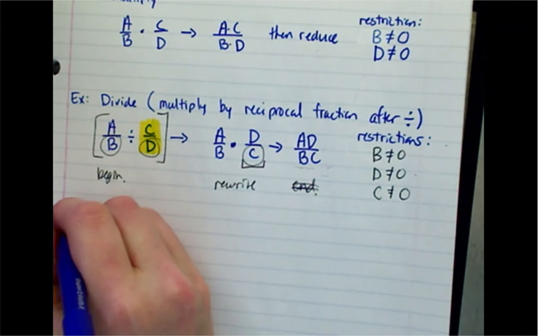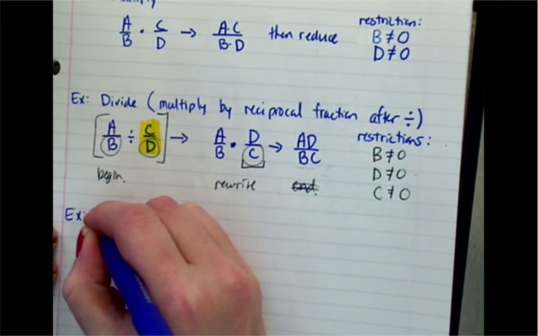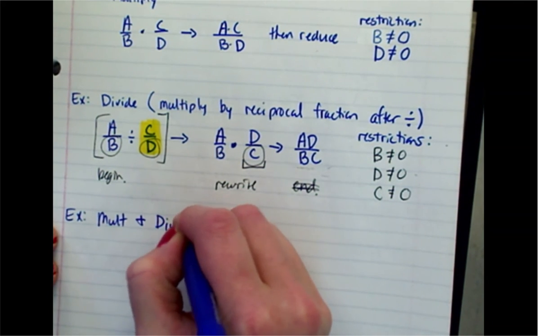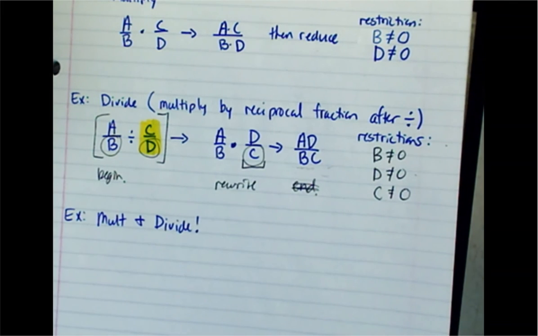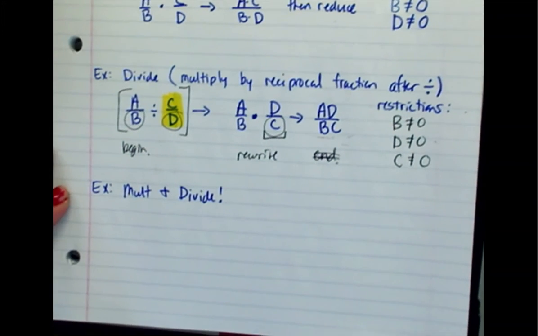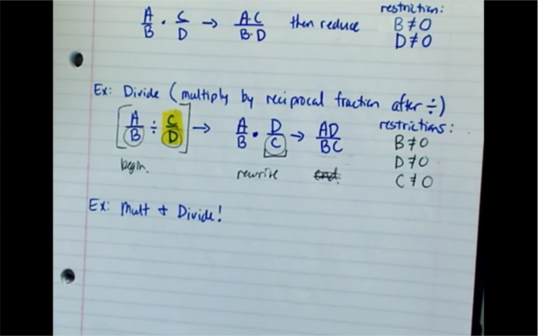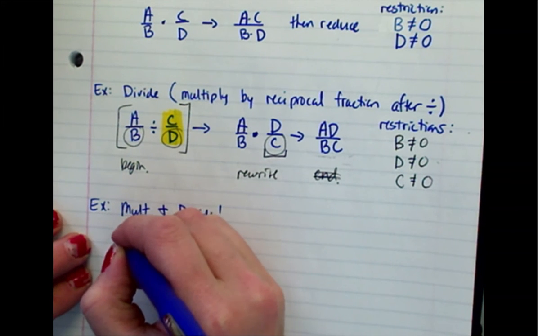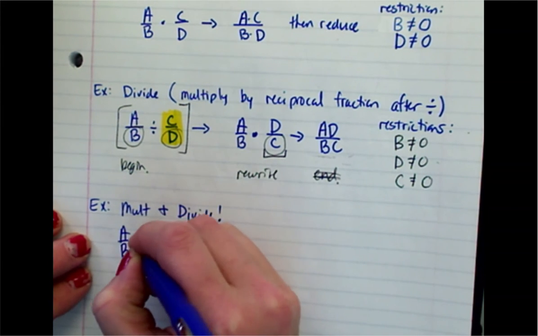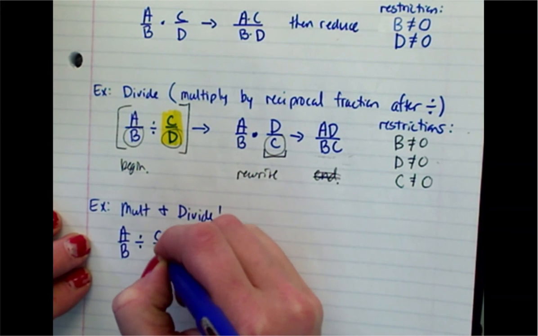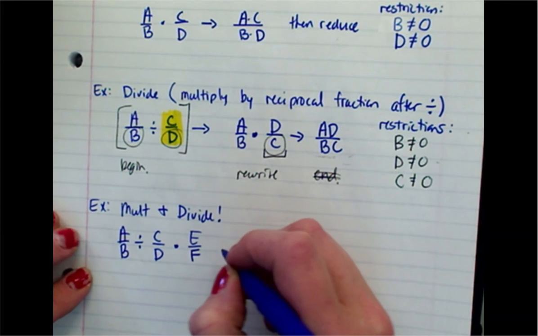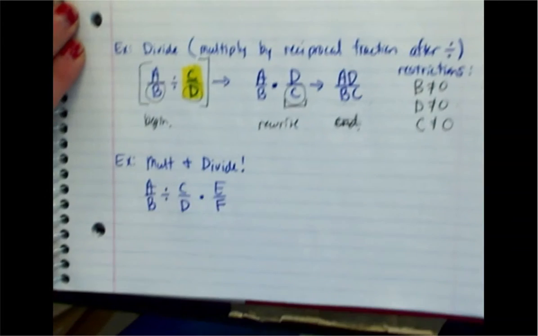All right. Multiply and divide. Okay, I'm going to mix the operations. That was one each. What are we going to do? Should I put parentheses? Okay, we might do 2 questions. We'll see. A over B divided by C over D times E over F. Okay, what are you going to get?